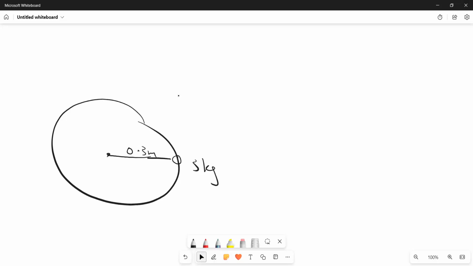So instead of giving you the linear velocity, they tell you that this thing is going around at 90 RPM. And this is a term you will hear in circular motion.